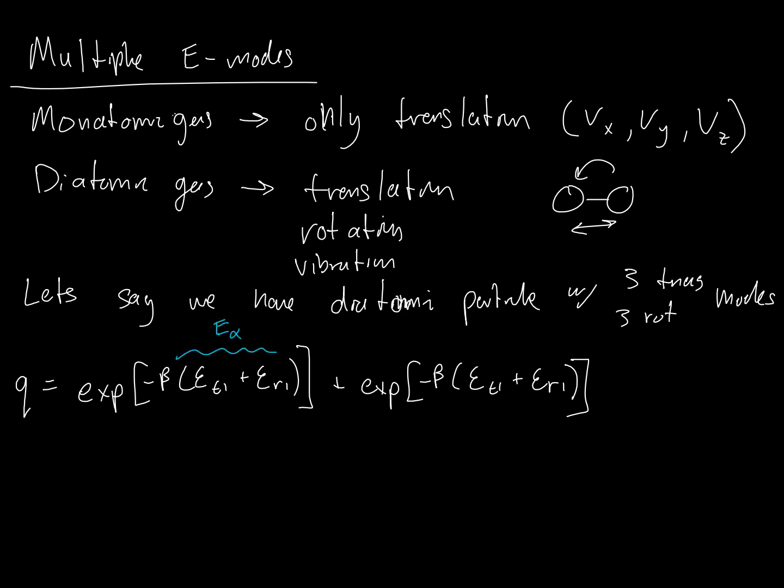And notice that this right here is like the energy level of that particular state, right? That particle state is in translational mode 1 and rotational mode 1. The next one over here, this one is in translational mode 1, rotational mode 2. And of course, we can just keep going. There we go.